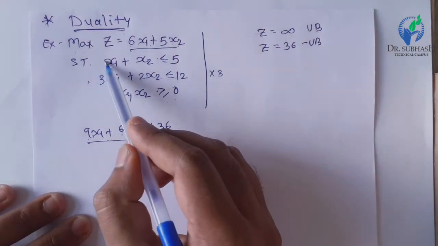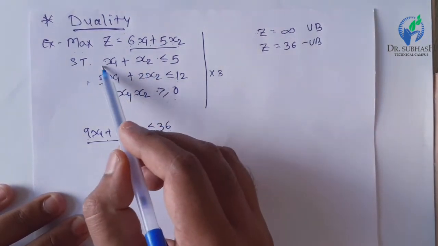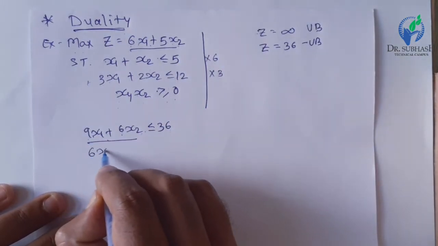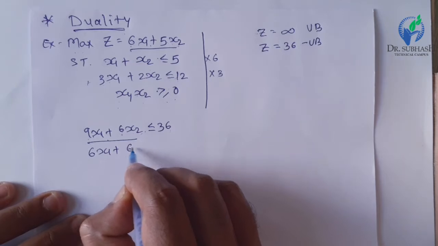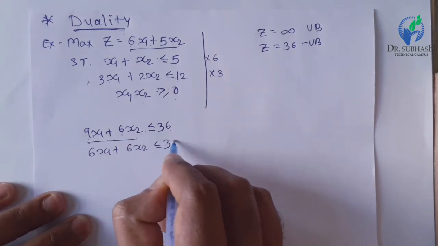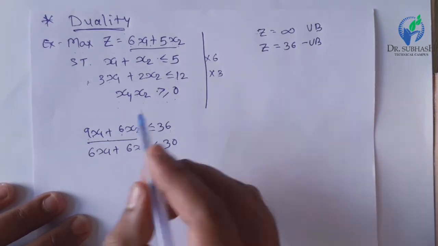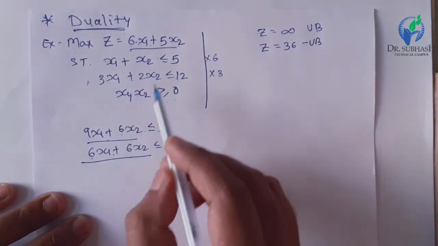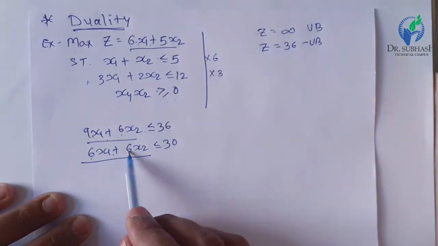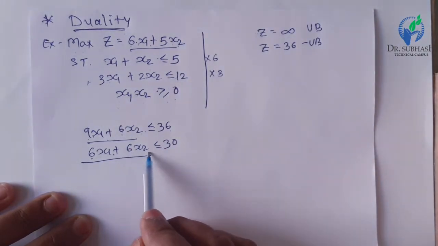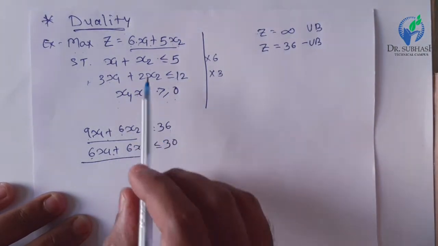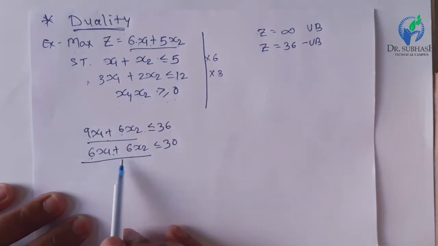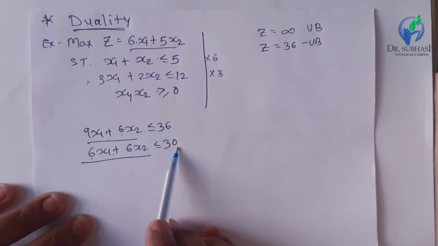Now if we consider the first constraint and multiply it by 6, we get 6x1 plus 6x2 less than or equal to 30. Again compare with the objective function: 6x1 and 6x1 are equal, and 6x2 is greater than 5x2. So 6x1 plus 5x2 is less than or equal to 6x1 plus 6x2, which is already less than or equal to 30.